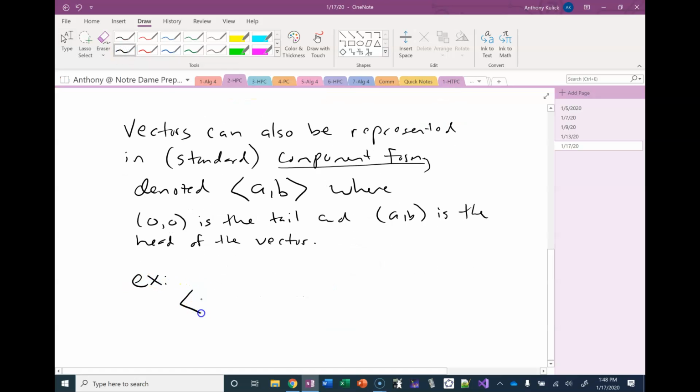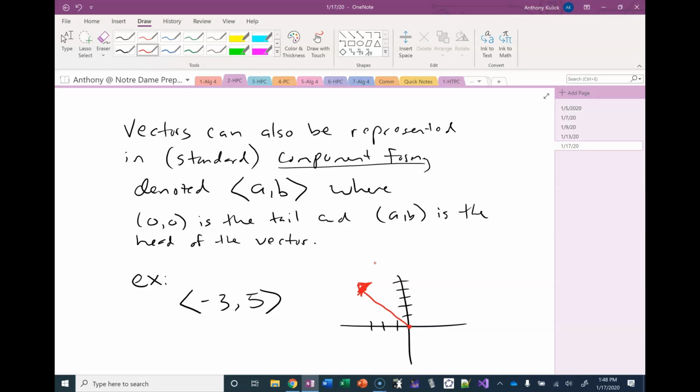So for example, if I wanted to draw the vector -3, 5, that's what I'm going to draw, right?